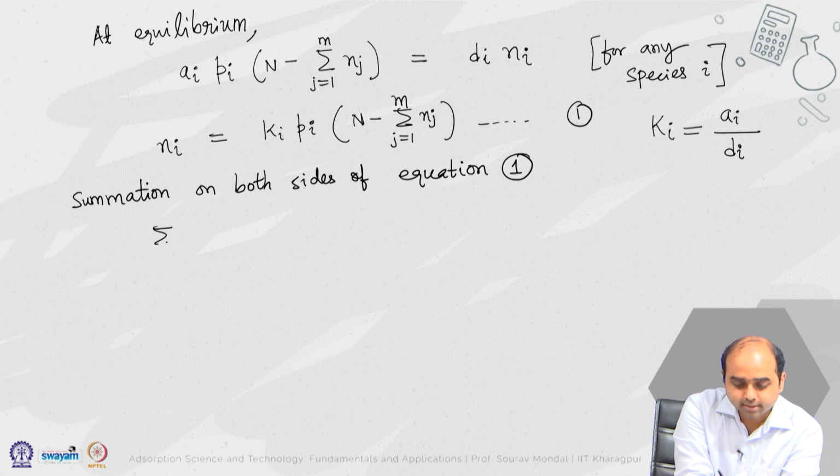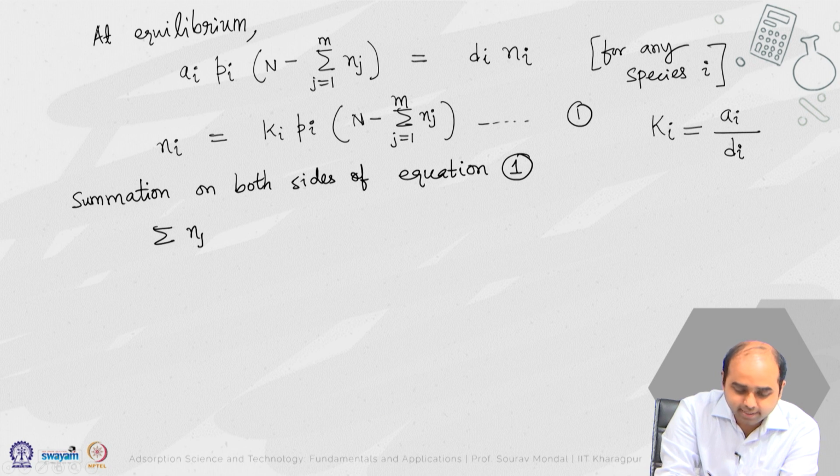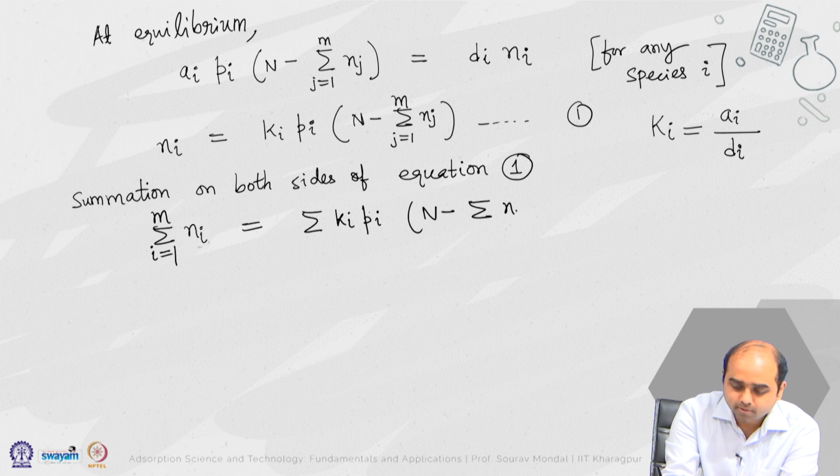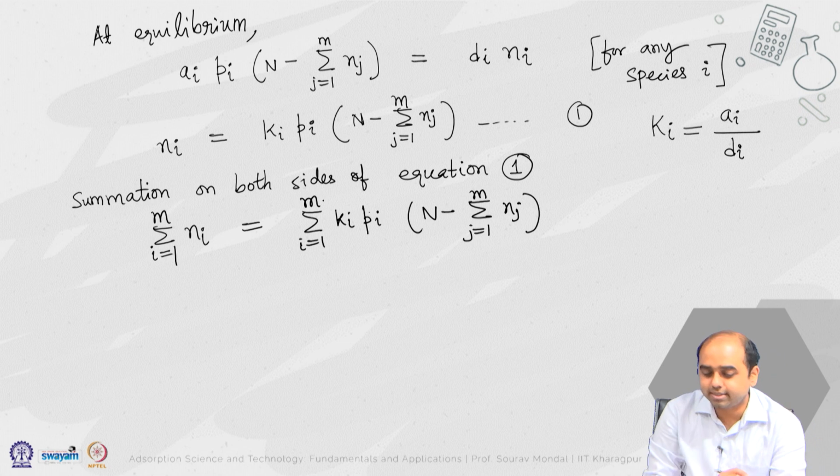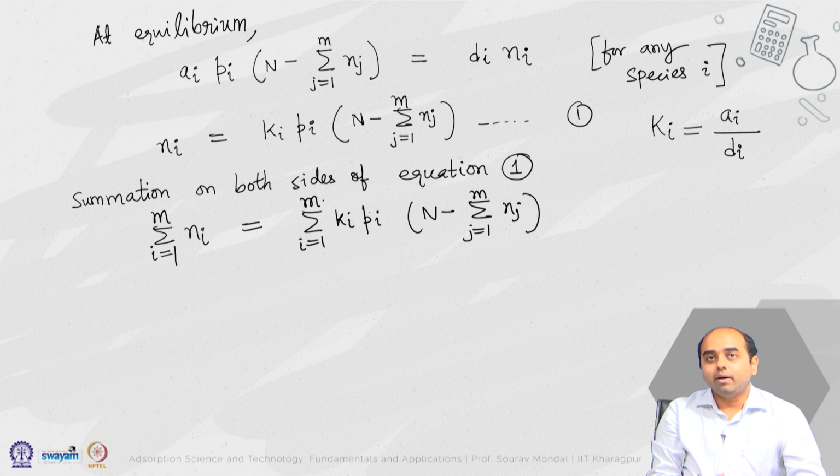Whether the index is i or j, I have to sum it up over m number of components, the total number of components that we have.